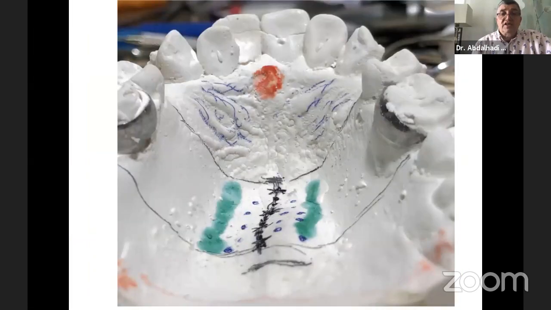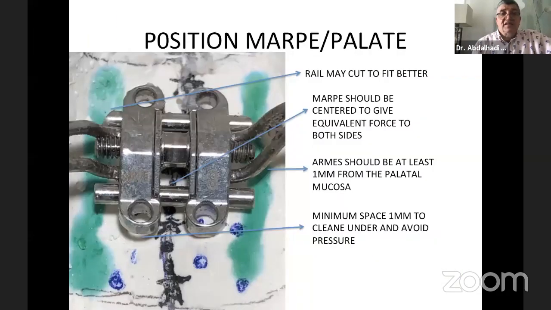in all directions. And here is the position of the Marpe. It's very important that the middle of the Marpe passes exactly through the middle of the suture. Not to the left, not to the right, exactly in the middle of the suture. And a very important thing is that the palate is narrow.